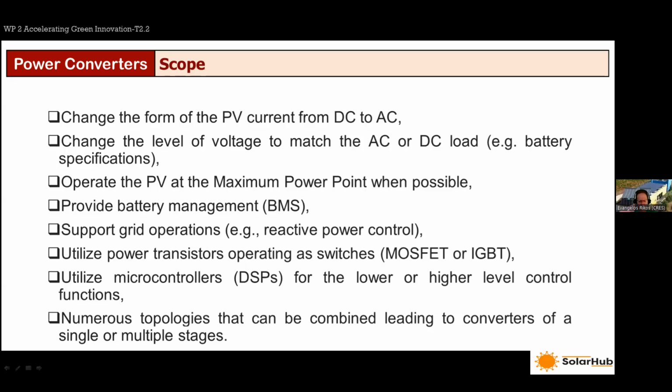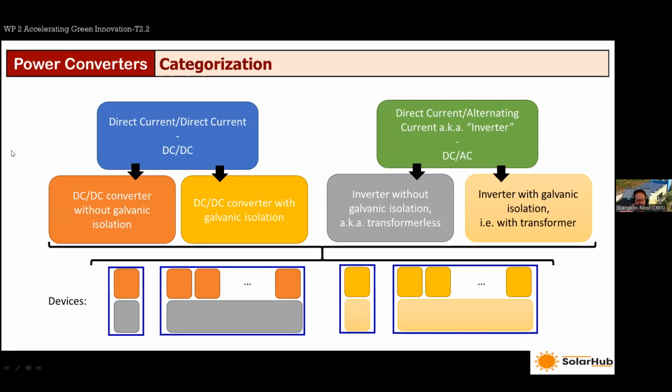There are many topologies related to power converters, and in commercial products these topologies can be combined. You don't always find just a single power converter in a commercial product. Sometimes you find a combination of them in order to obtain the best performance in a system.